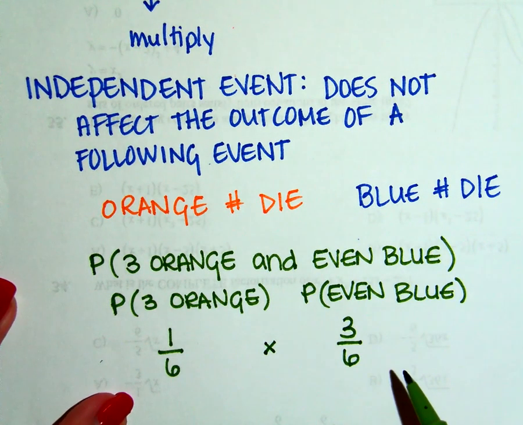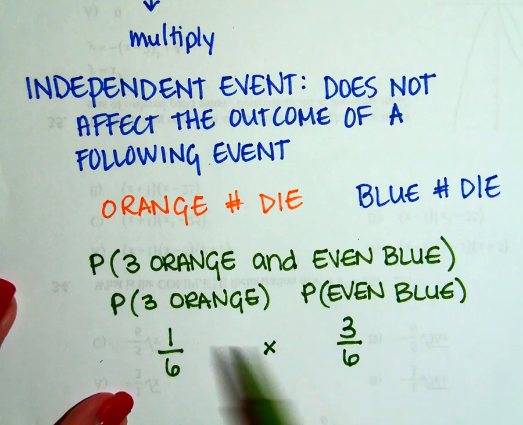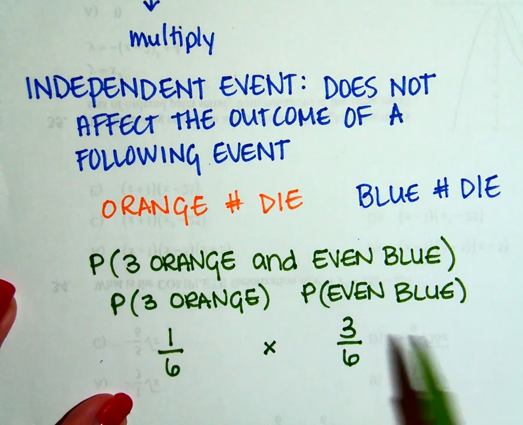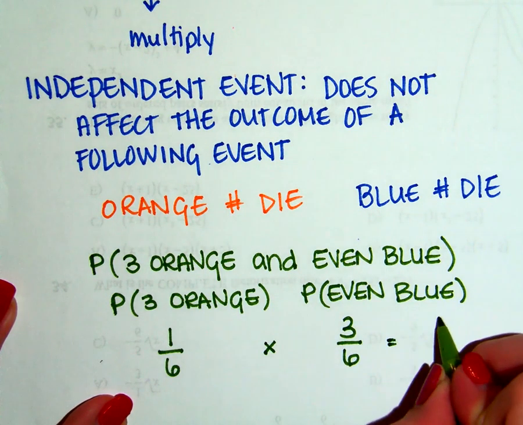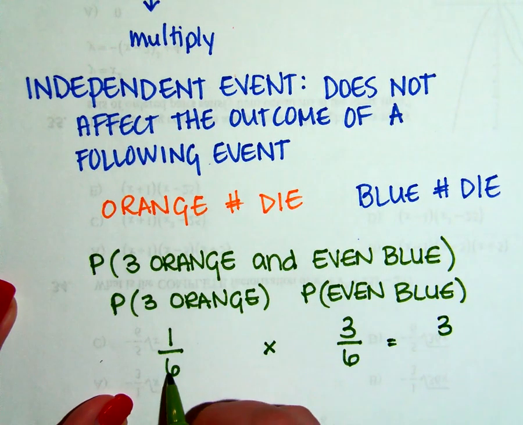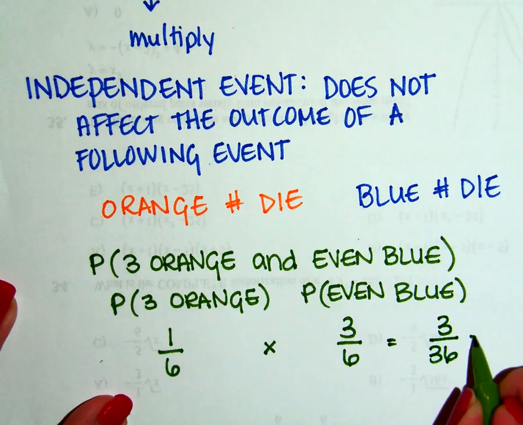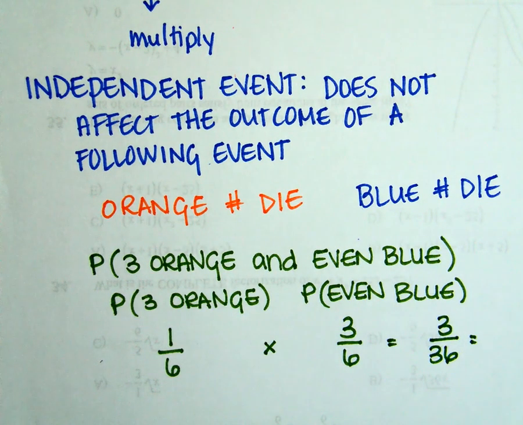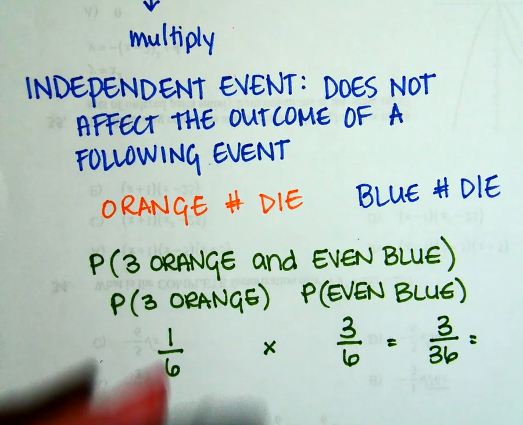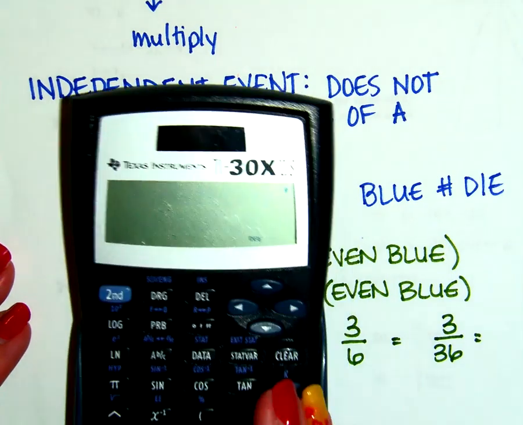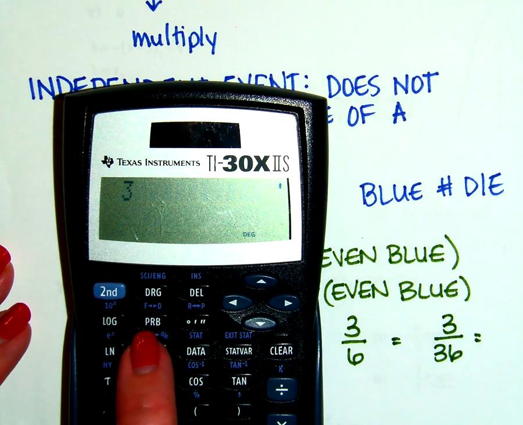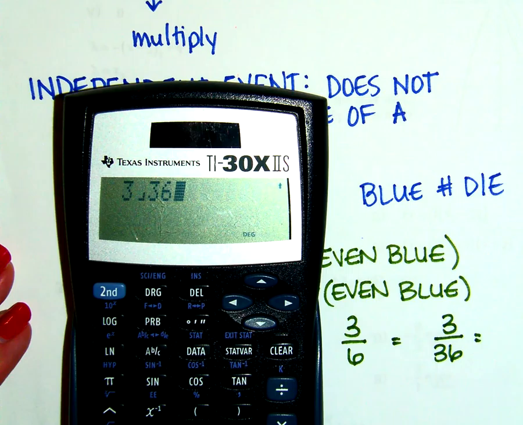Okay? But because we have this word and, this indicates that we are going to multiply these two events together. So when I multiply fractions, I multiply the top numbers. So 1 times 3 gives me 3. 6 times 6, that gives me 36. And again, we can just put that right into a calculator and have the calculator do it for us. So again, you're just going to put the top number in, 3, hit your fraction button, 36.